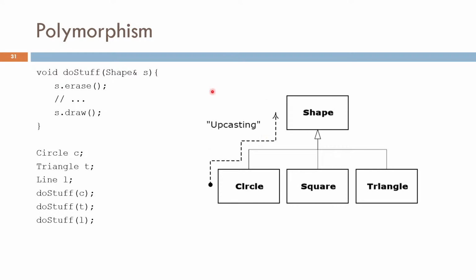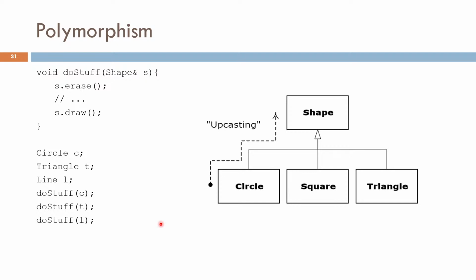This is also referred to as upcasting. So whereas inheritance works downwards because of the relationship, polymorphism operates upwards instead.